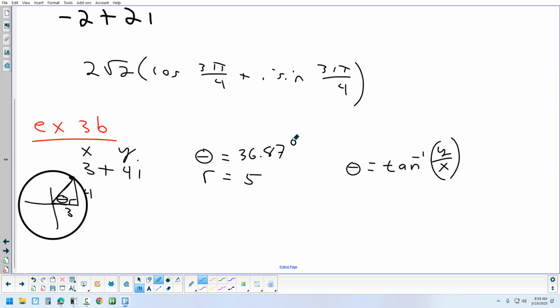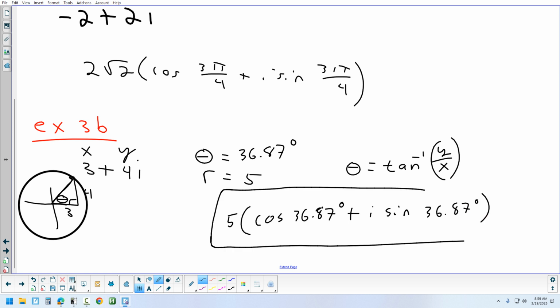Now to write it in trig form, put it in that r cosine theta plus i sine theta. So r cosine theta plus i sine theta. That is your final answer.